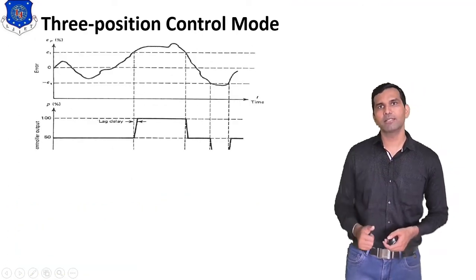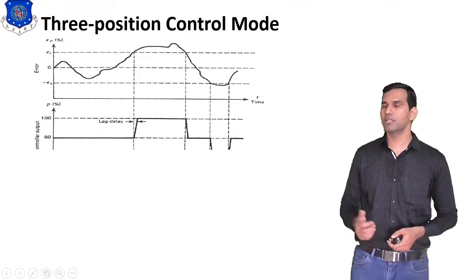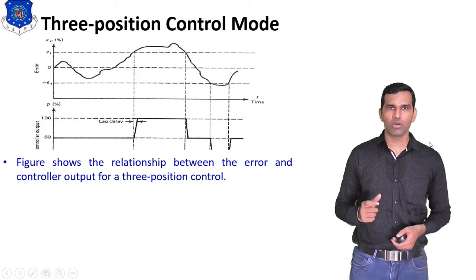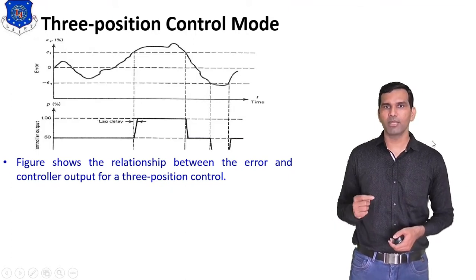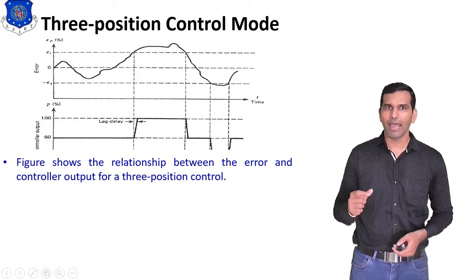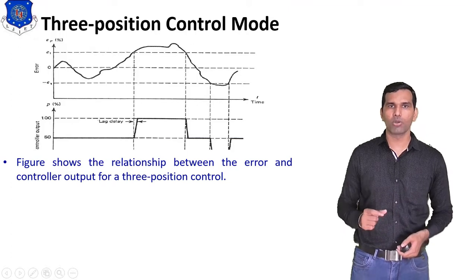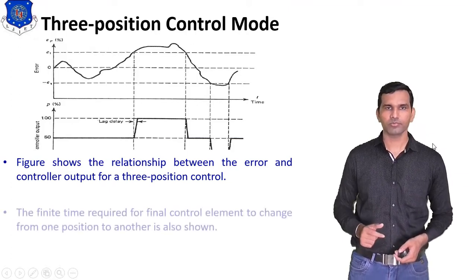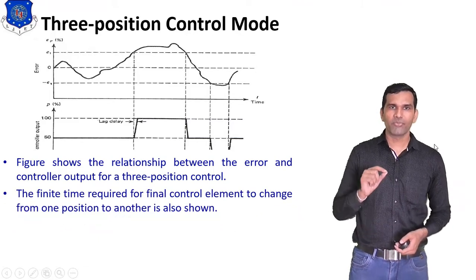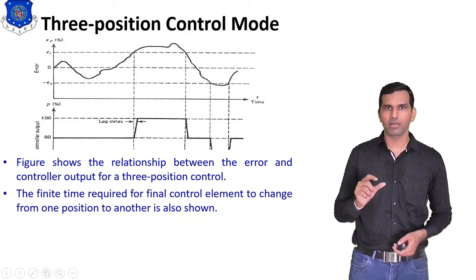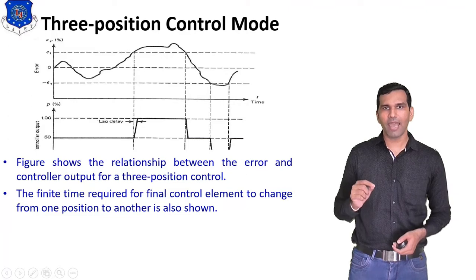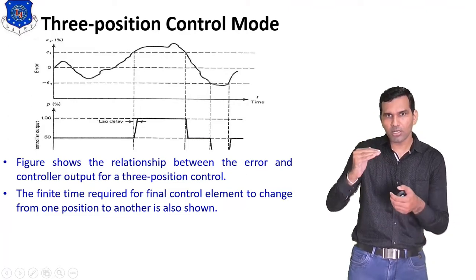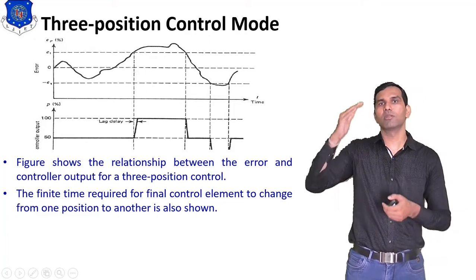Now for better understanding, we consider this figure. The figure shows the relationship between the error and the controller output for a 3-position control. The finite time required for the final control element to change from one position to another is shown in the figure.